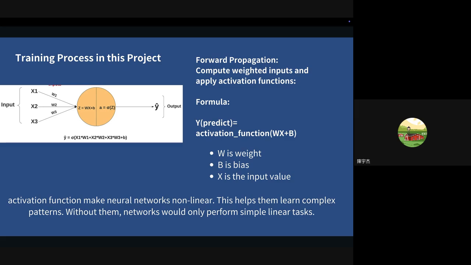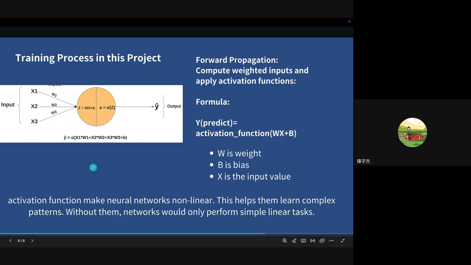One part of the DNN is called forward propagation, where we compute the weighted sum and apply the activation function. This is the formula. W is the weight, B is the bias, and X is the input value. It is always used in matrix form.